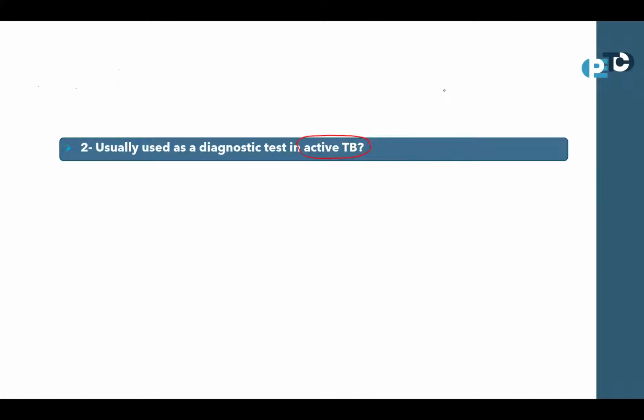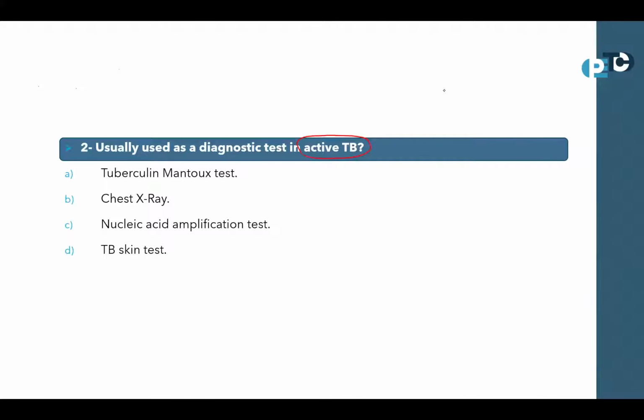But which of those is used for the active one? Tuberculin Mantoux test, which is the skin test, or chest X-ray, nucleic acid amplification test, or TB skin test. Here we need to know the active TB. Active TB can be diagnosed by two tests, either chest X-ray or sputum test.